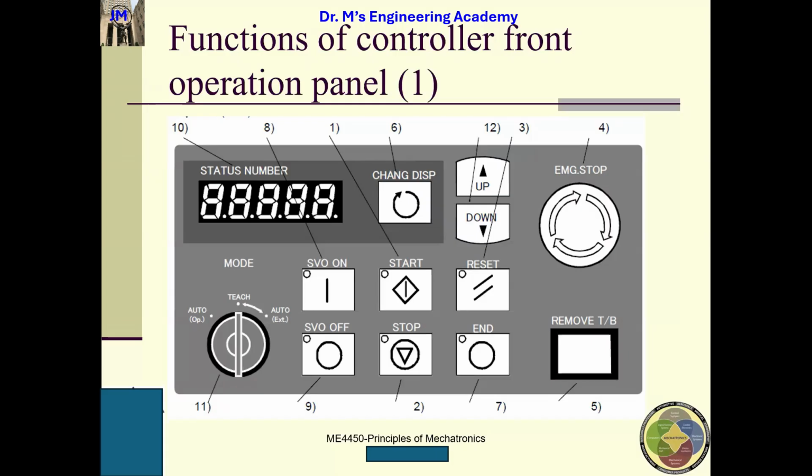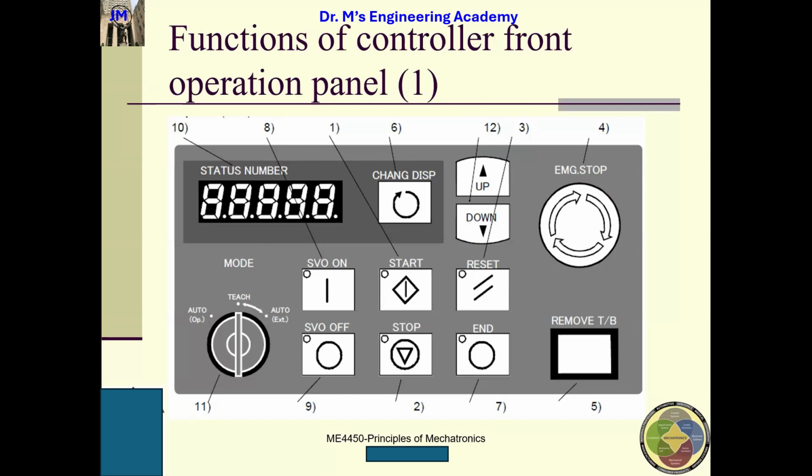And here is the mode switch. For this controller, because different models have different modes, here we have teach mode, and teach mode means that you are using the teach pendant to teach something. And we have auto from the computer. This OP is from the operator, from the computer.